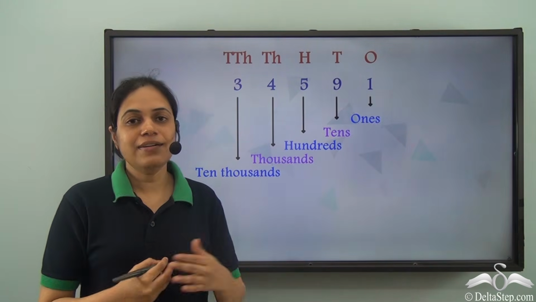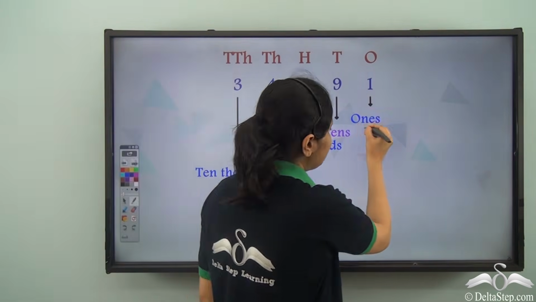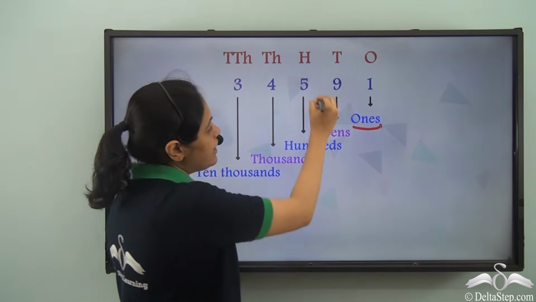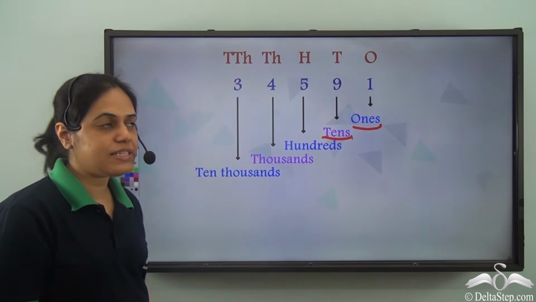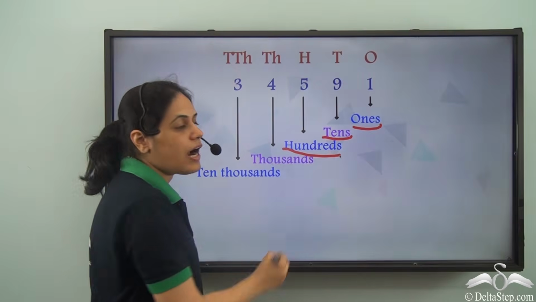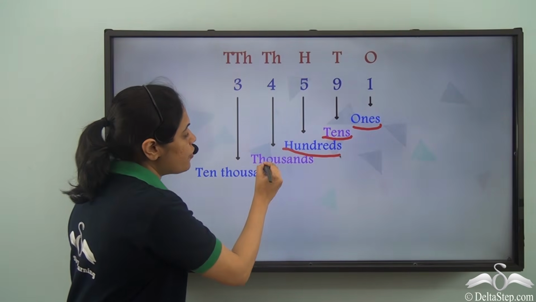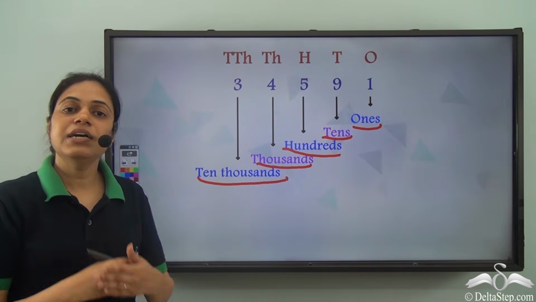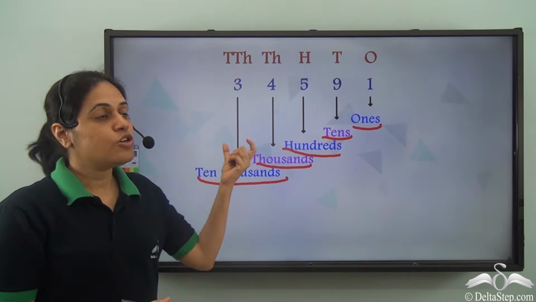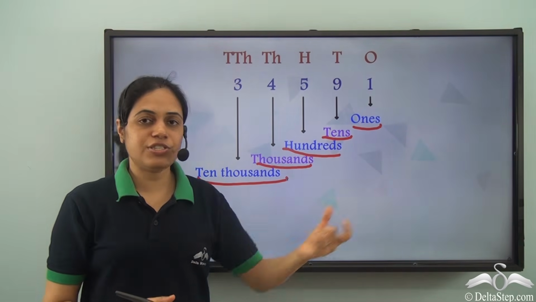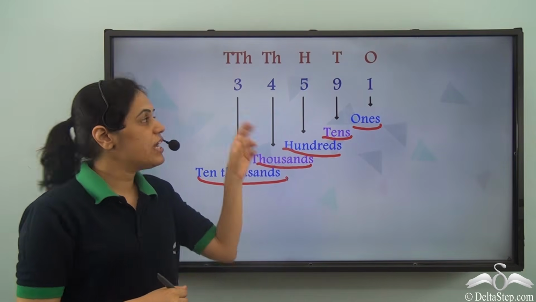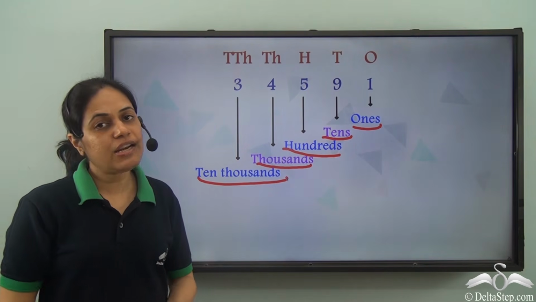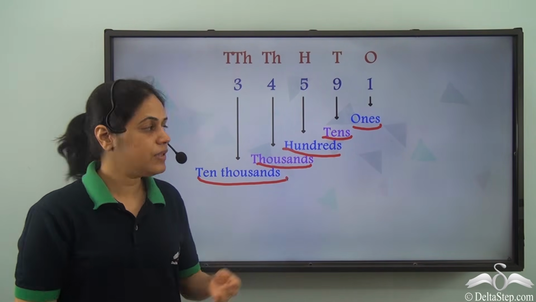So over here, I see that 1 is in the ones place, 9 is in the tens place, 5 is in the hundreds place, 4 is in the thousands place, and 3 is in the 10,000s place. So in which place the digit is written is very important. If I interchange it, the number changes completely.